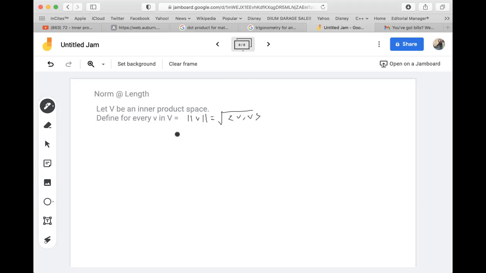Okay, and this double bar V double bar is called the norm. Usually we will just mention this double bar V double bar as norm or length.